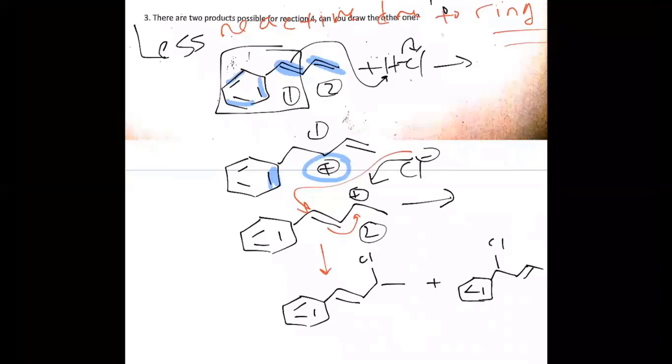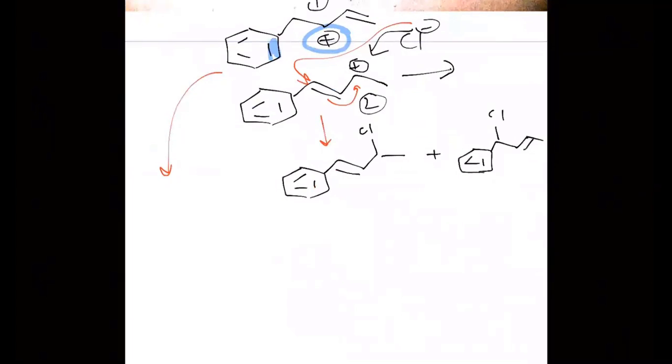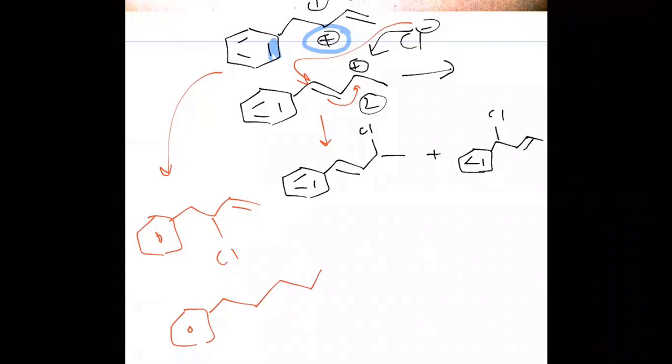I mean, we could look at the products and see what we get from that. That's one of my products, and then the other one would be that. So it's really possible, but they don't react as much.